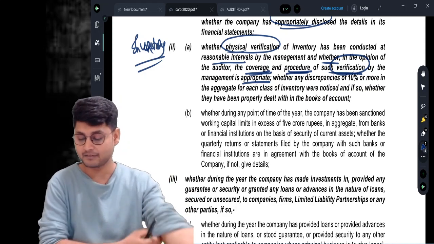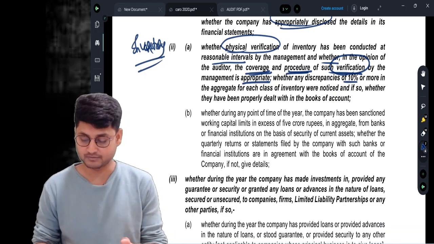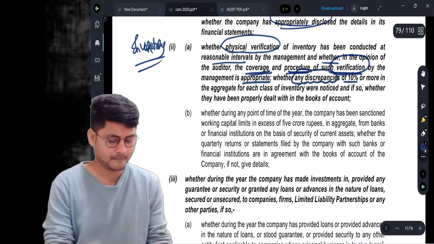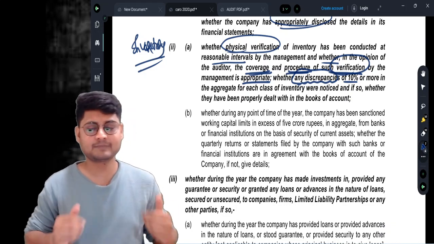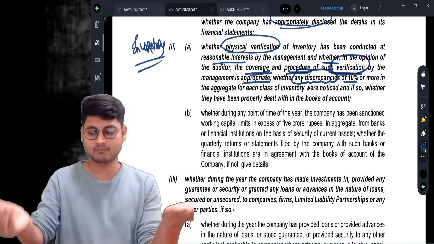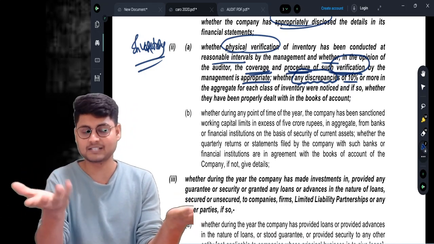Okay, and whether any discrepancies of 10% or more. So which discrepancy is this? When physical verification has taken place by the management, the physical verification results must match with the books of accounts, must match with the financial statement figures.